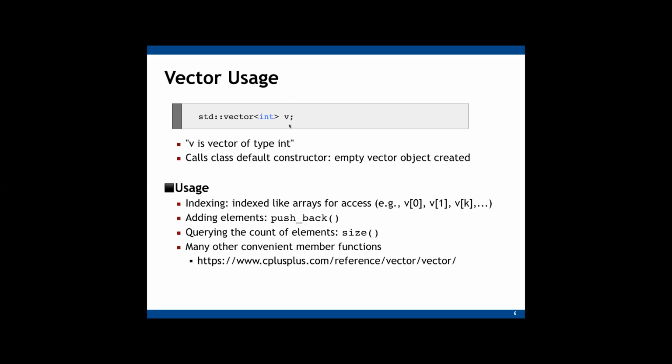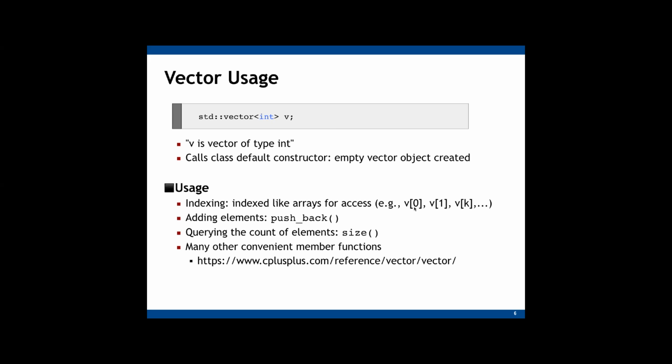And we can access the elements stored in vectors using square bracket notation, just like an array. We use square bracket notation when we try to access an element stored in an array. We can do that for vectors as well. But there are restrictions on using square bracket notation with vectors. You cannot use square brackets for initializing elements.